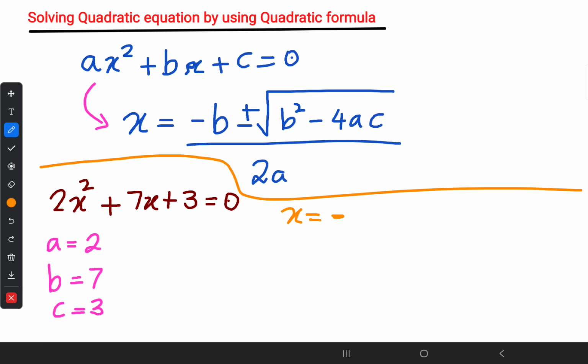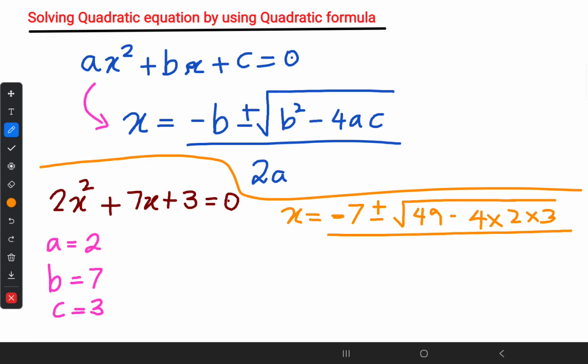The b value is 7, so minus 7, plus or minus b square. b square would be 7 square, that is 49, minus 4 times a. What is a? 2. And the c value is 3. I am just substituting the a, b, c values, nothing new. Finally, in the denominator, 2 times 2.